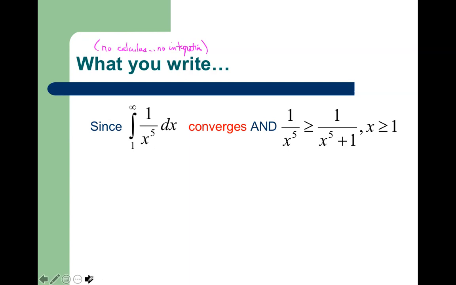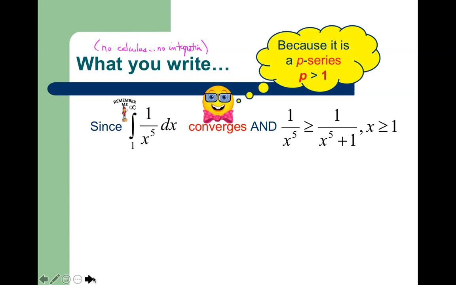Since a function that's a p-series and I have the improper integral going to infinity from my list converges, and further, here's how I know it converges. Don't just tell me that you remember it. That's great that you remember it from your list. Tell me what you know about it. So this is your known.